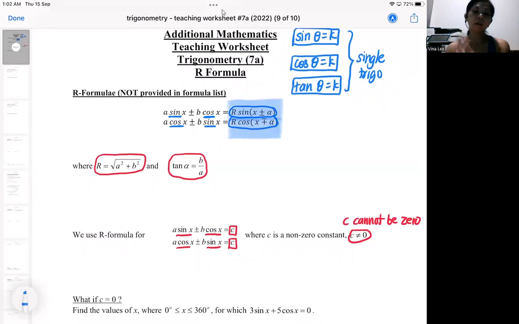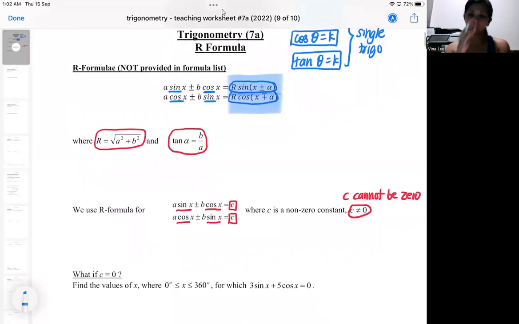Right now you need to be clear: when do you use the R formula? You use the R formula because you want to convert two trigo functions into one trigo function. You will use it where you try to add or subtract two trigo functions, and it is equal to a number. The number cannot be 0.